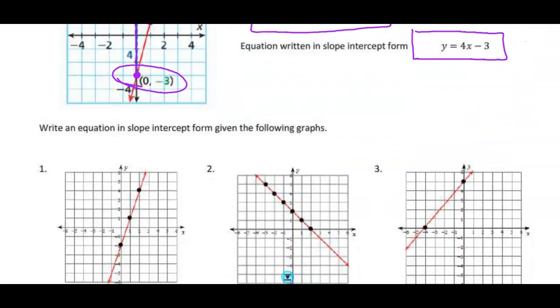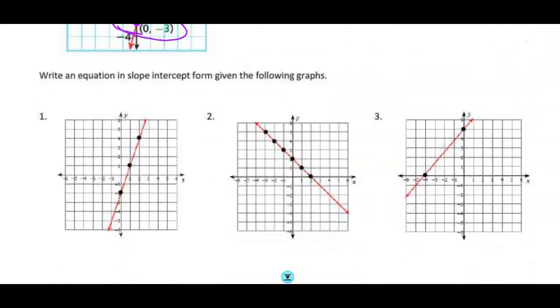Let's move on. So in example number 1, you pick any 2 points that you want. I'll pick this point and this point. So we're going to do the counting method. 1, 2, 3. So this is up 3. That's the letter m for slope. And then you go right 1.